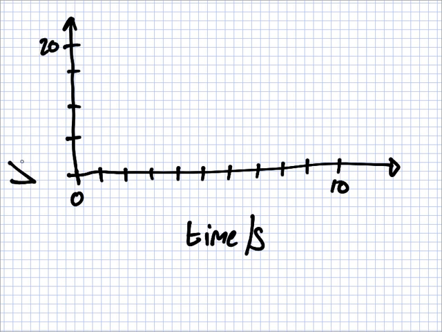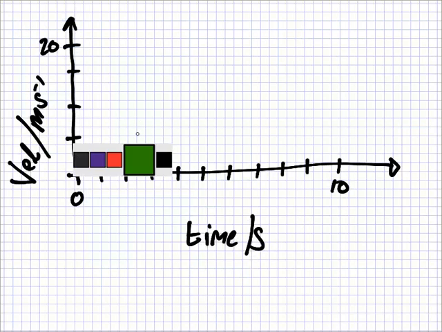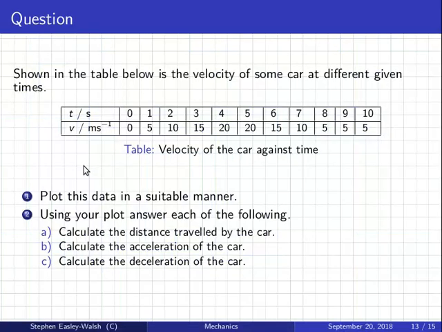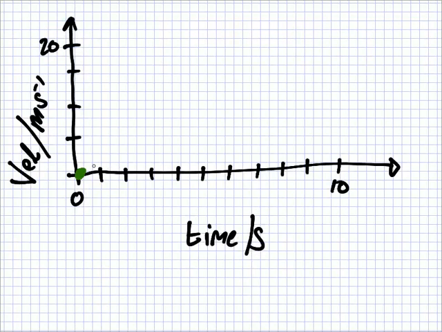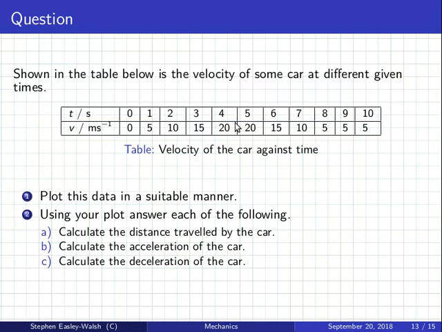And this is velocity in meters per second. Okay, starts at 0, goes up to 5, goes up to 10, goes up to 15, and then 20, 20.